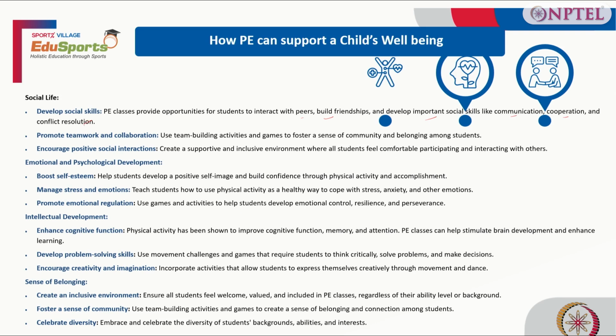So you can have activities designed in group, pair, large groups, small groups, and if you know your students well, you can mix the groups to create situations of conflict, and then from there on, you can teach students how to deal with a conflict.